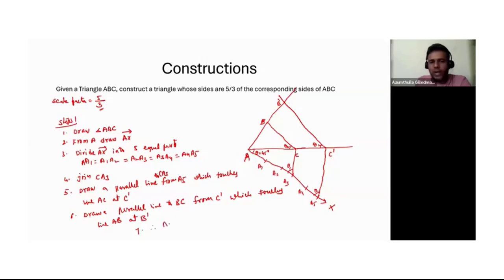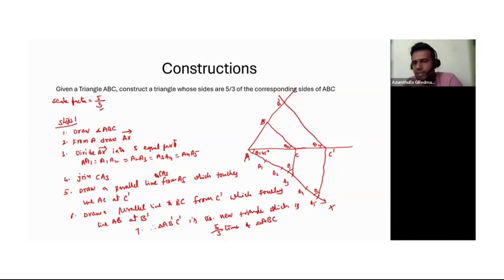Therefore, A, B dash, C dash is the new triangle, right? That is the new triangle, which is 5 by 3 times of delta A, B, C. Understood? Therefore, triangle A, B dash, C dash is the new triangle, which is 5 by 3 times of delta A, B, C. So this is important problem, guys.